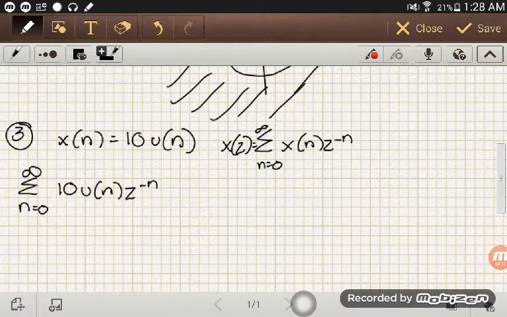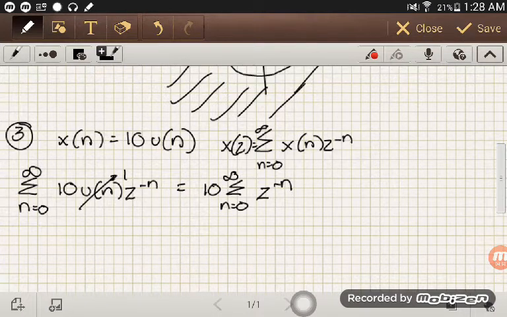Note that u(n) is equal to 1 since your n is equal to 0 to positive infinity. Plus, you can factor out the 10 since you're dealing with the summation. So you're dealing with 10 times the summation of n equal to 0 to infinity of z to the negative n. Your first term is 1. Your common ratio is equal to z^(-1).